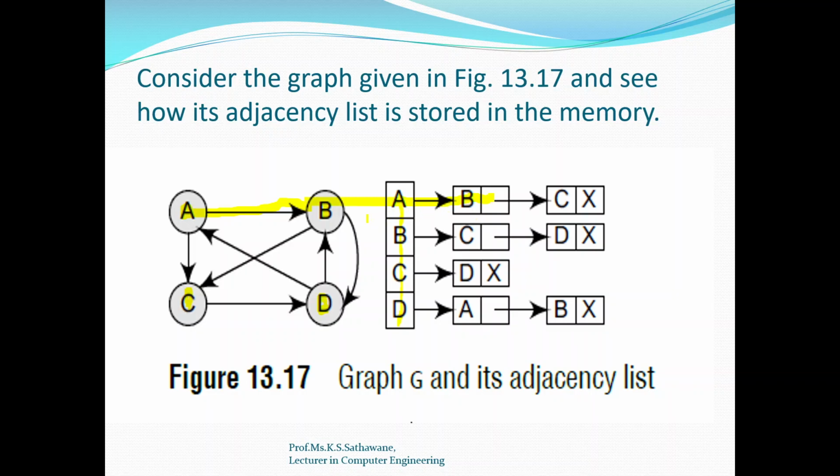Now if you can see, there exists a path from A to C as well. So we will expand this node to C. So here is a linked list representation, or adjacency list representation, of node A and its edges.